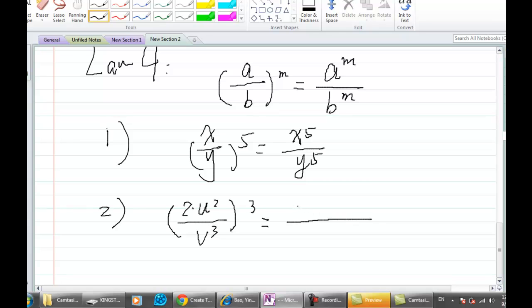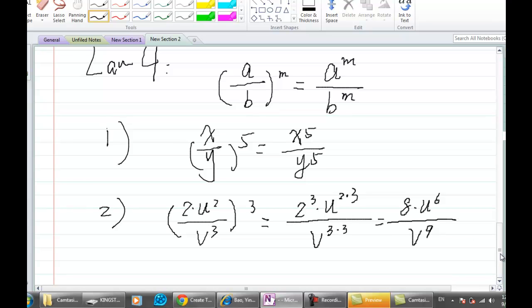Like 2 cube first times u to the product 2 times 3 power. Then move on to the denominator part, which is equal to v to the product 3 times 3 power. That is 8 first times u to the product of 6 power. Then we can get v to the 9th power here.